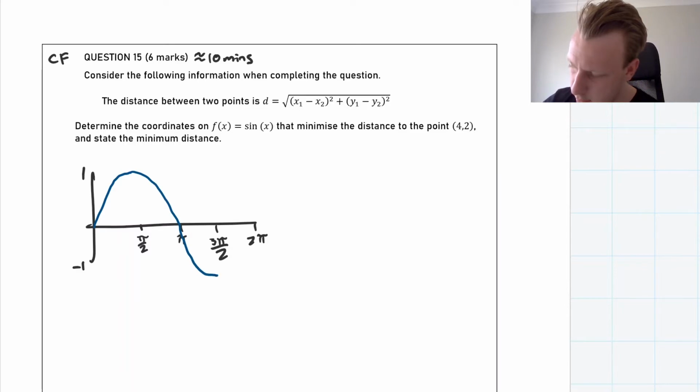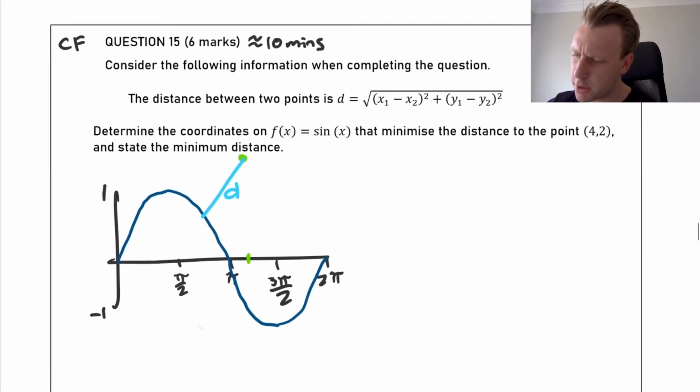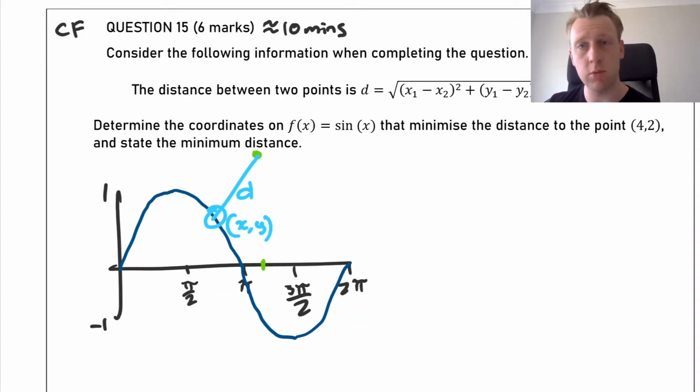Okay, now the coordinates for 4, 2, 4's a little bit after pi, 2's going to be all the way up there, and we've got this distance there, d, we're going to call distance. So pretty much, we're trying to figure out where does it sit on this graph? What coordinates, x, y?